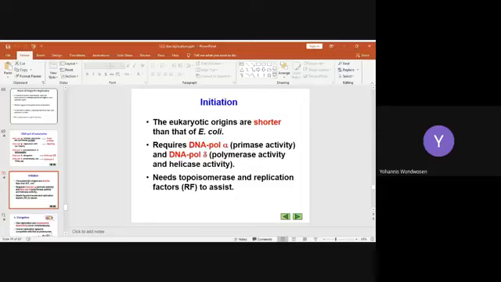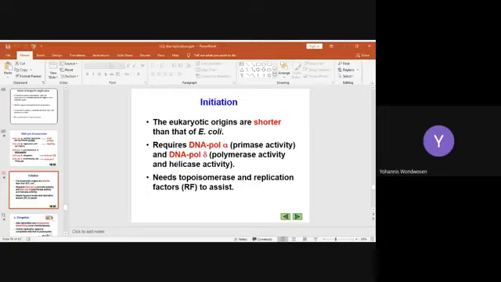So, initiation: the eukaryotic origins are shorter than the prokaryotic ones, for example from E. coli, which is a major example for prokaryotic organisms. It requires DNA polymerase alpha, which has primase activity and can be used to synthesize an RNA primer on the growing strand. DNA polymerase sigma has polymerase activity and helicase activity, we said that.